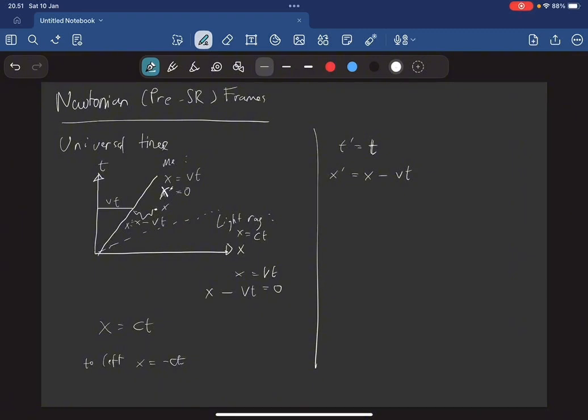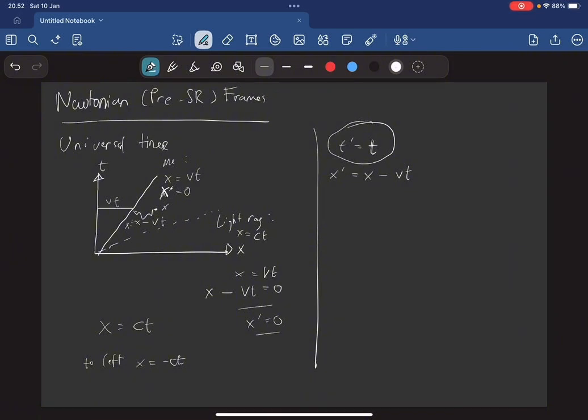The first of these equations is Newton's assumption of universal time, the same for all observers. The second just shows that my coordinate x prime is displaced from your coordinate by our relative velocity times the time measured from the origin. From this, we see that the equation x minus Vt equals 0 and x prime equals 0 have the same meaning.